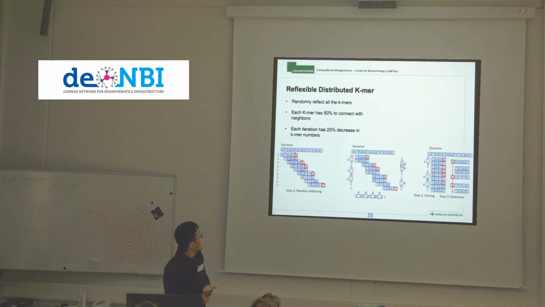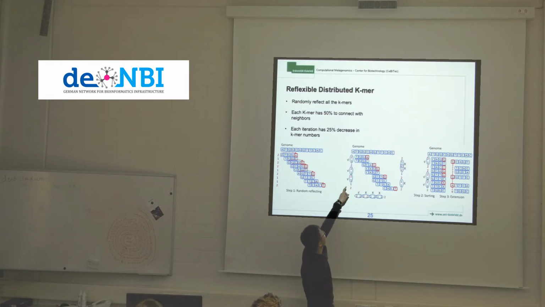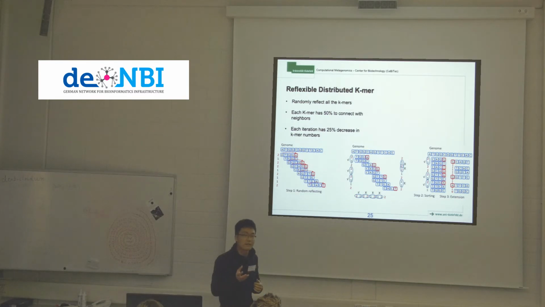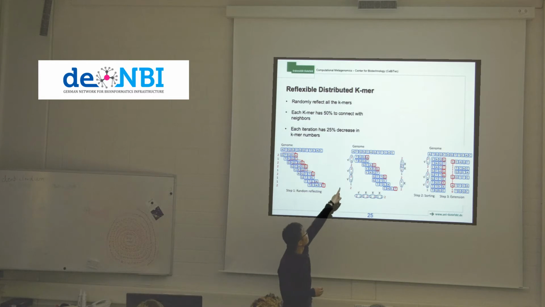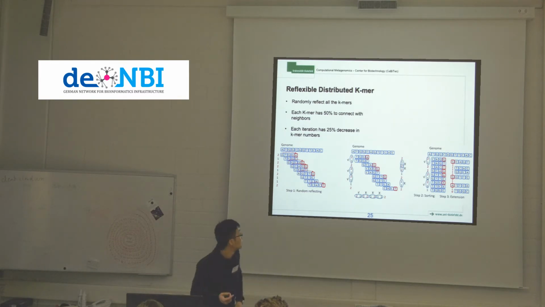So what you can do is randomly reflect half of the k-mers. You have a big list of all the k-mers, and you randomly reflect some of them. You can see here that 2 means reflected and 1 means not reflected. With a 2-to-1 reflection, after sorting, they will have adjacencies found in the big list.